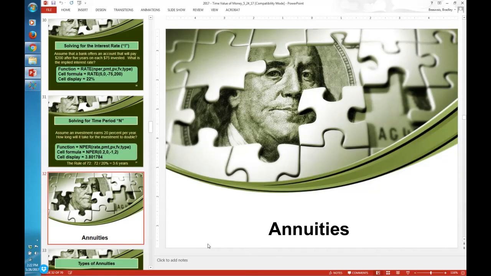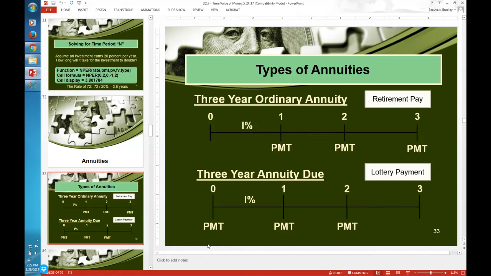Okay, so like I said before, annuities are one of the applications where we can actually use time value of money calculations. So a 3-year ordinary annuity versus a 3-year annuity due. And most people associate annuities with retirement. For example, myself, I retired in August of 2015 from the United States Army.